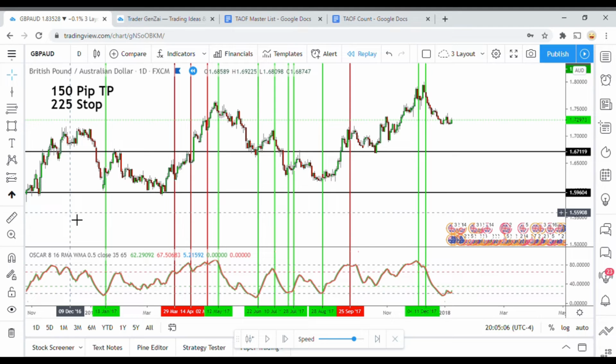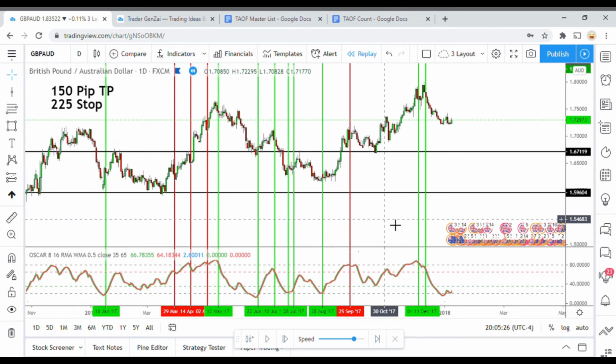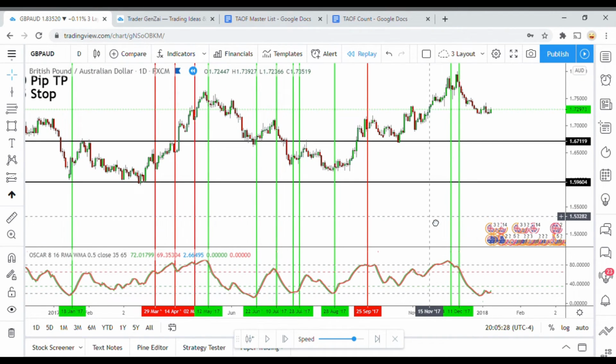It was calling okay signals. It seemed like it was just ever so slightly off on some of these. I wish it would have been just a little bit quicker, but yeah, it's not a whole lot we can do about it.